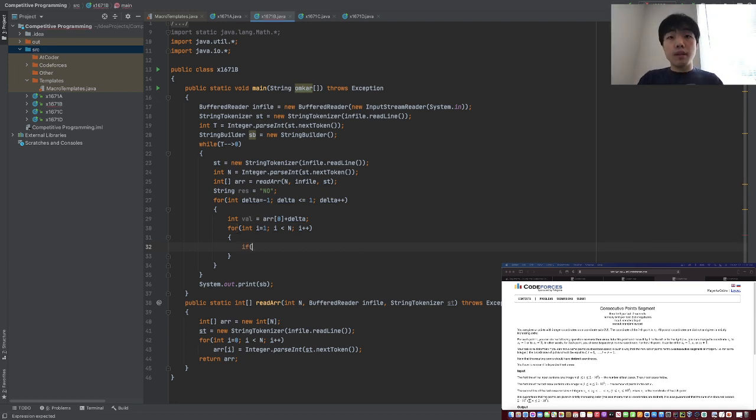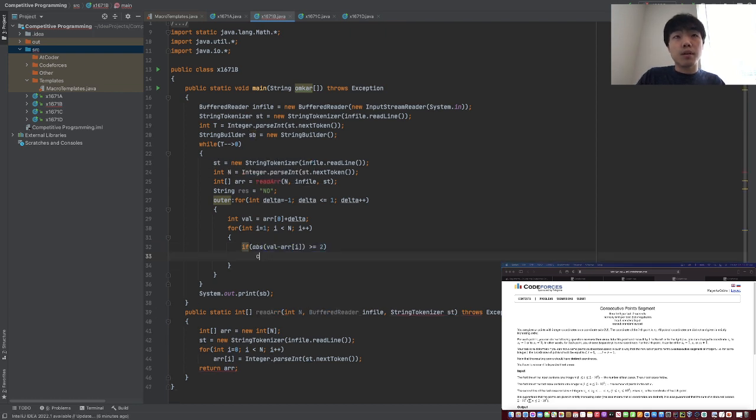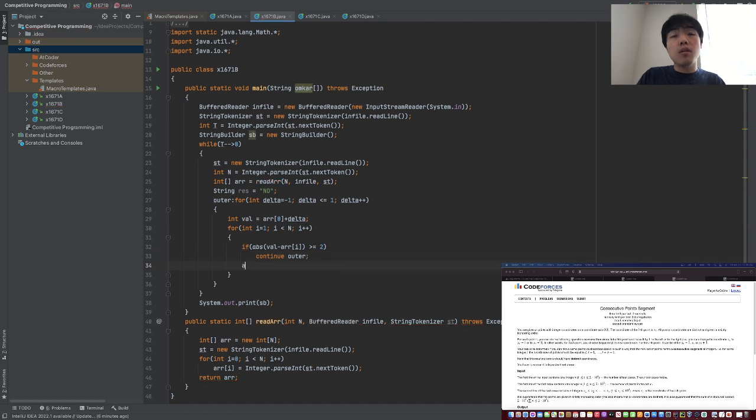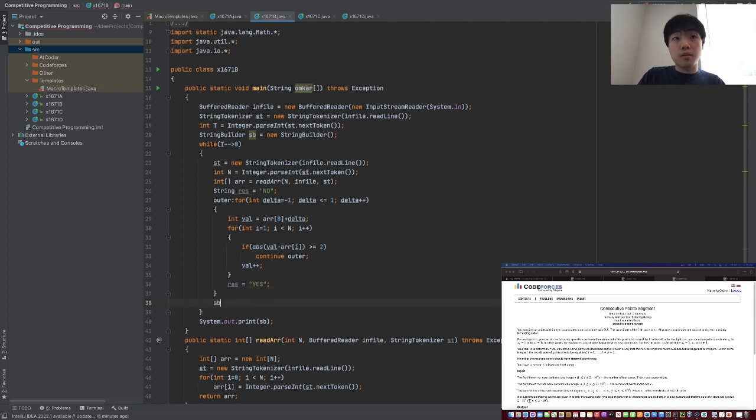So in other words, if the absolute value of the value minus the current array is greater than or equal to 2, then we continue outer, because then it's not possible. Otherwise, the value just increases by 1. And then it's always possible.